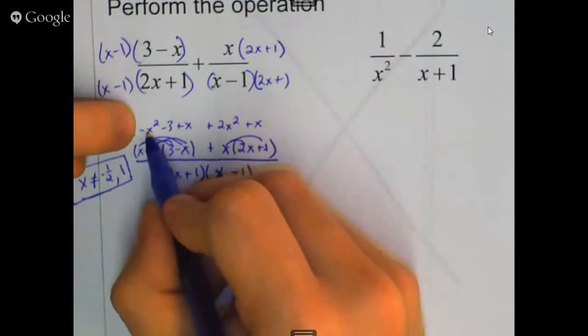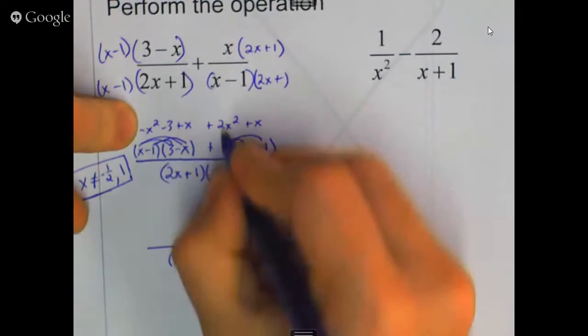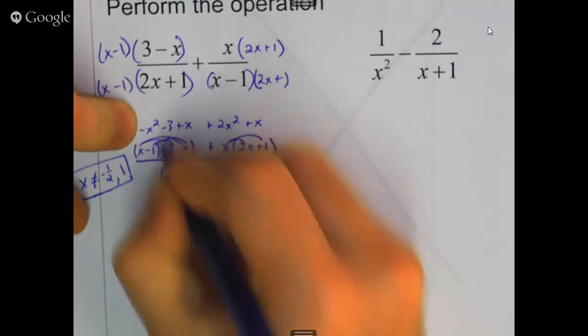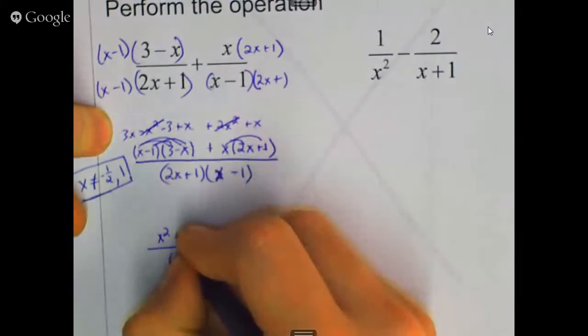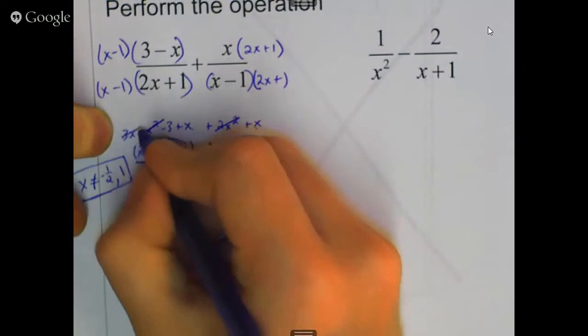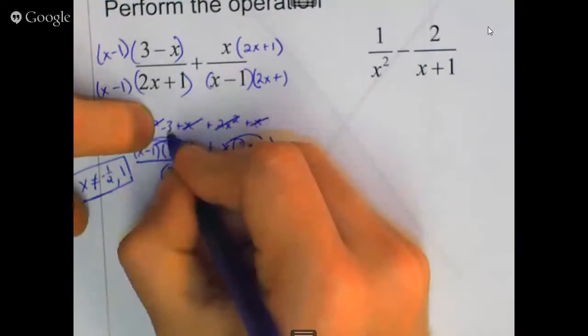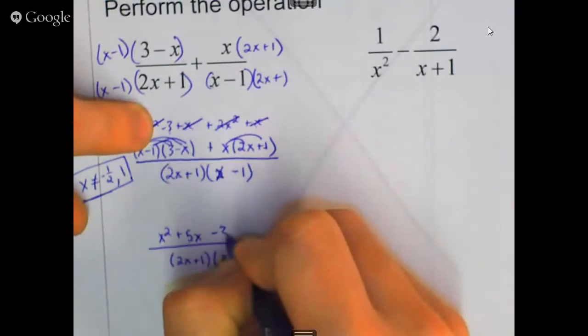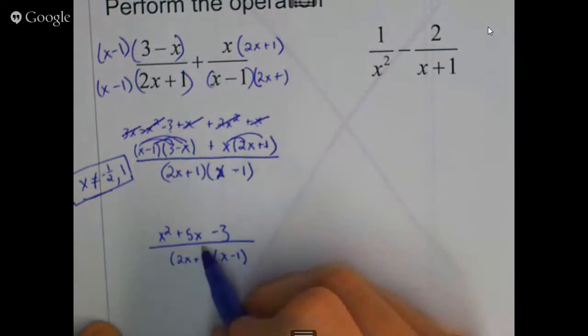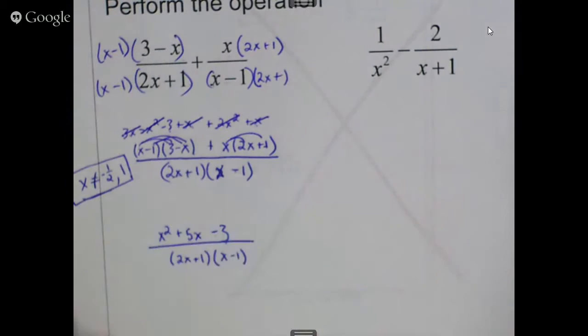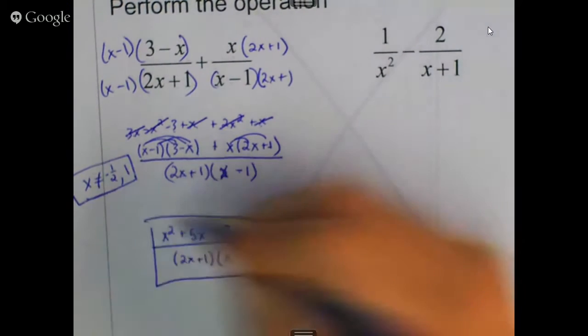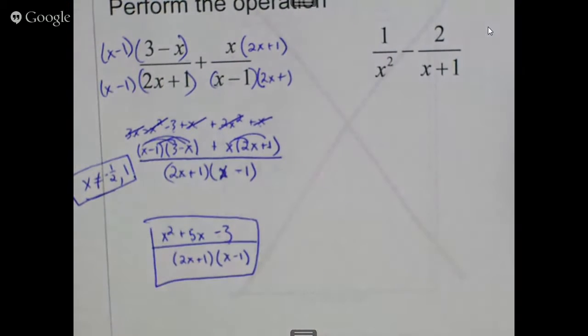I have minus x squared plus 2x squared, that's x squared. I have 3x plus x plus x, that's 5x. And I have my minus 3. Now I need to look: can I refactor this? Factors of 3 that subtract to make 5? Well, factors of 3 are 1 and 3, and those subtract to make 2, so that cannot be factored anymore. And I'm finished.